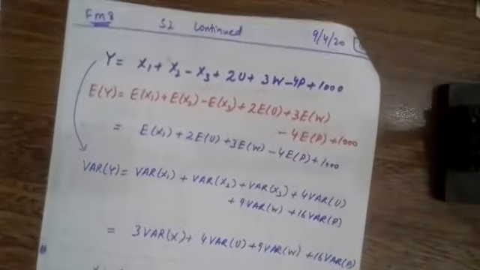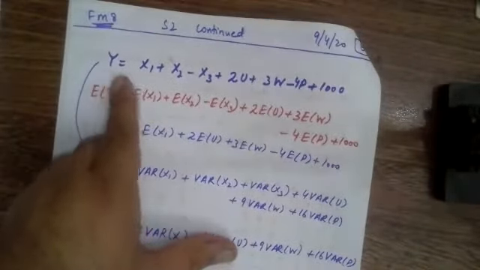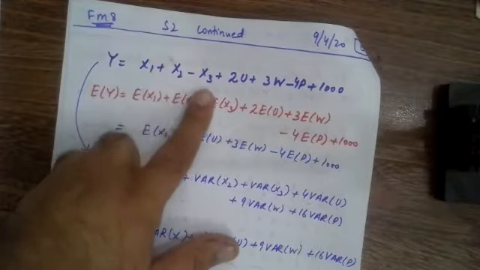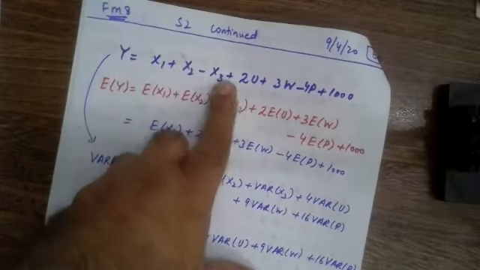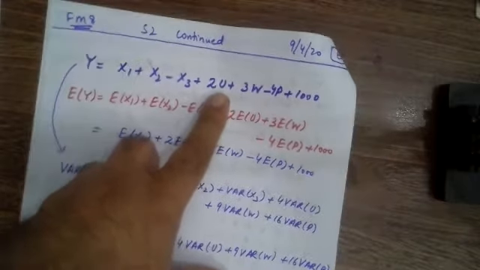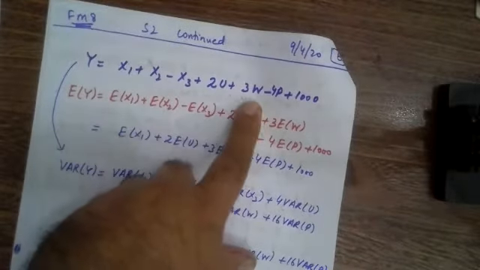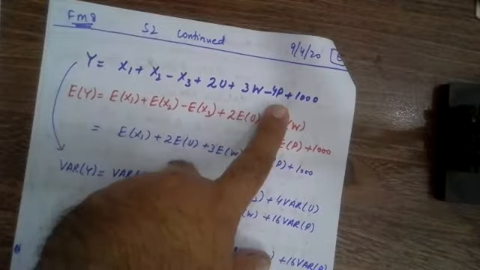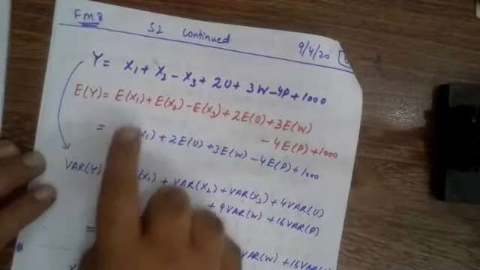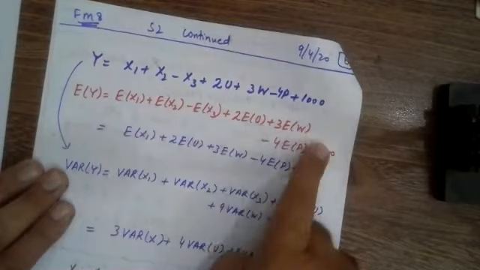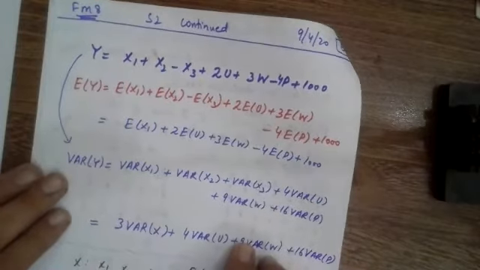So combining all this knowledge, now if you say y is equal to x1 plus x2 minus x3, where x1, x2, x3 are the observations of the same variable, plus 2 times the value of u plus 3 times the value of w minus 4 times the value of p plus 1000, we know that the expected value of y bears the same relationship with the expected values of x, u, w, p.